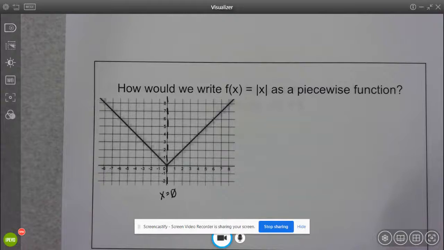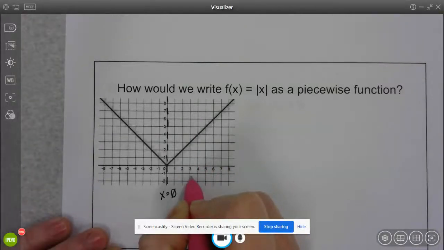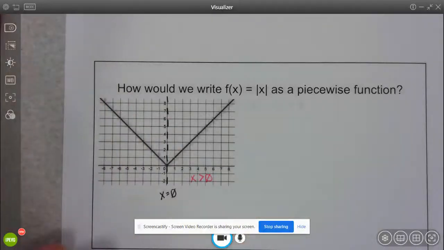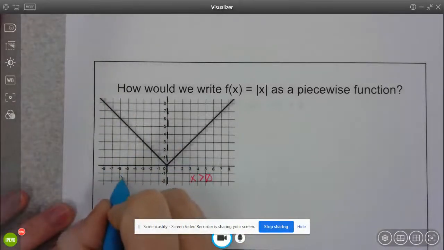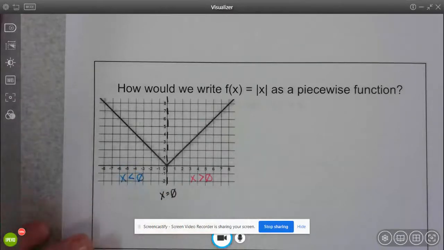So ultimately, we know we have to write a piece for the right for when x is greater than 0, and we have to write a piece for the left where x is less than 0.